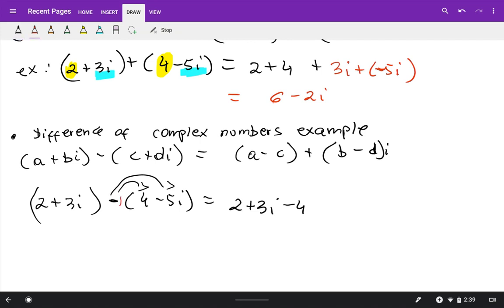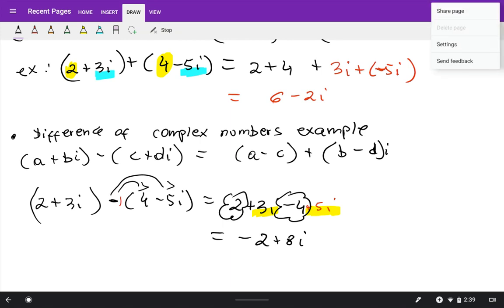Negative 1 times negative 5i will give you positive 5i. Now I'm going to combine like terms. So 2 and negative 4 will give you negative 2. And then you have 3i plus 5i, which will give you 8i. And that's our solution. So when you're writing the solution of complex numbers, the real part goes first and the imaginary part goes next.